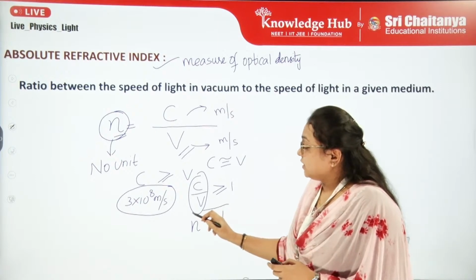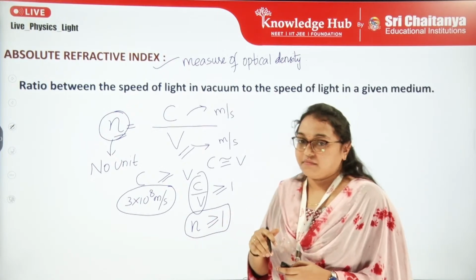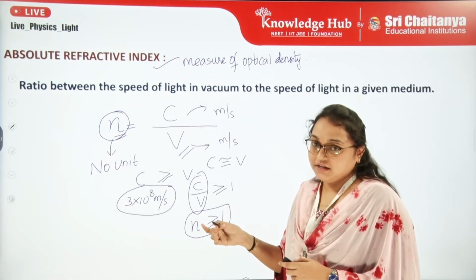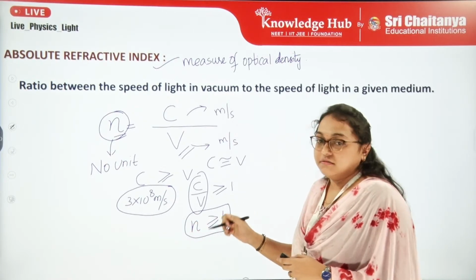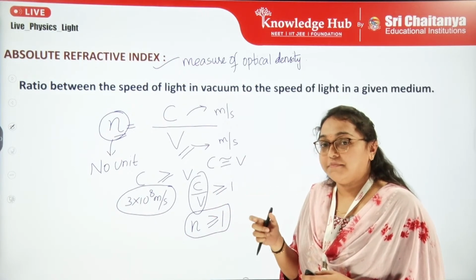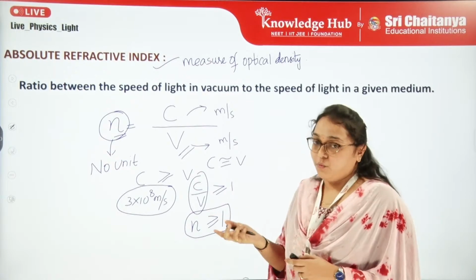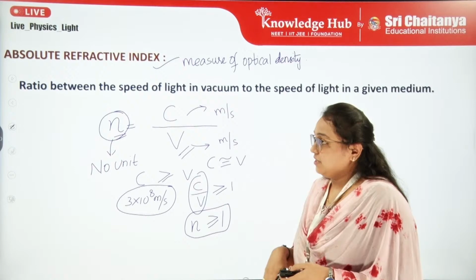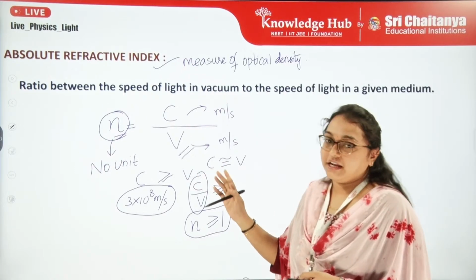It is equal to 1 when we consider the medium as air. Of course, it's not exactly equal to 1, but we'll round it off to 1. So n is always greater than or equal to 1. This has to be clear, and it doesn't have any unit.